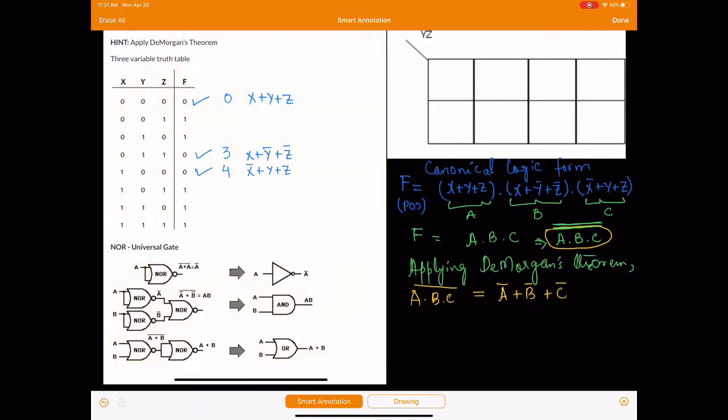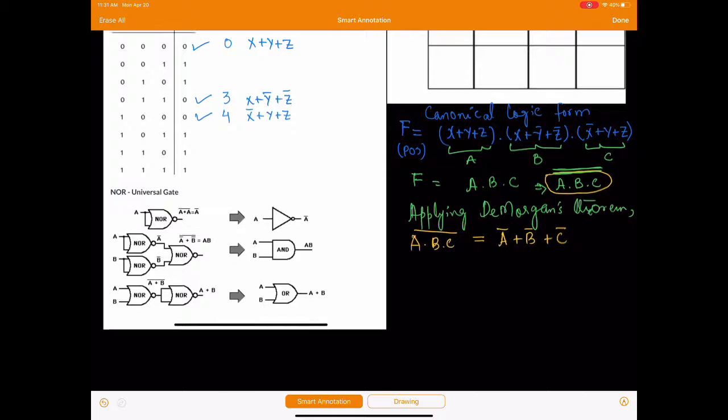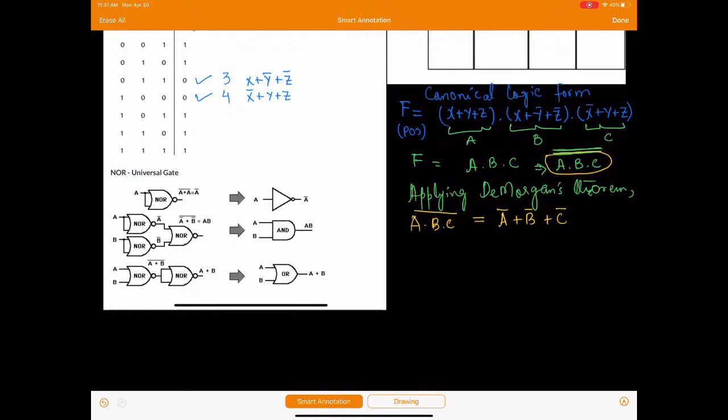Now what I'm going to do is actually replace the values for A, B, and C. So what was A? A was over here, x plus y plus z, x plus y plus z, and because I have this bar over here, I'm going to have a bar. Then I have plus sign, followed by B bar.